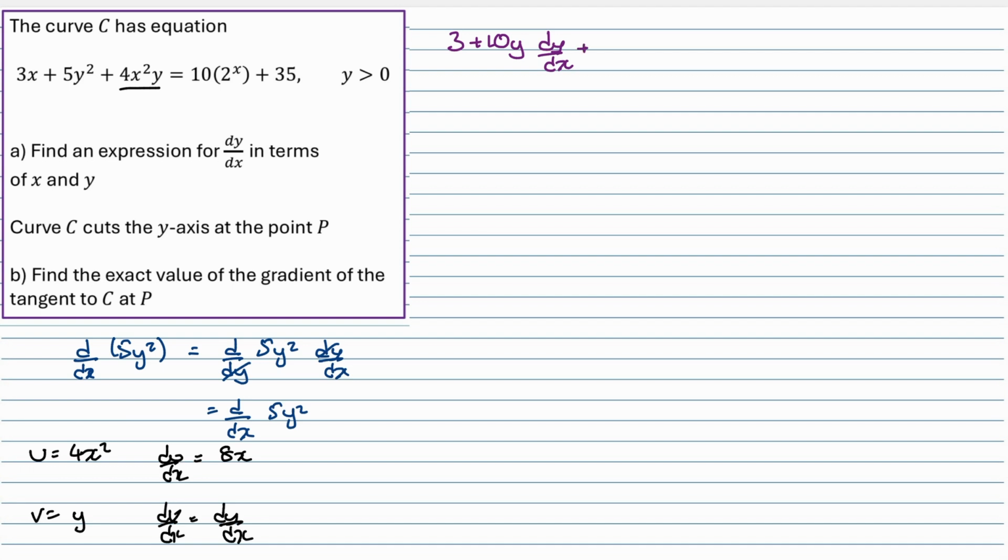So we'll have the u term, 4x squared, multiplied by dv by dx, which is dy by dx, plus the v term multiplied by du by dx, so 8xy. And this will equal, now we need to differentiate the 2 to the power of x term.